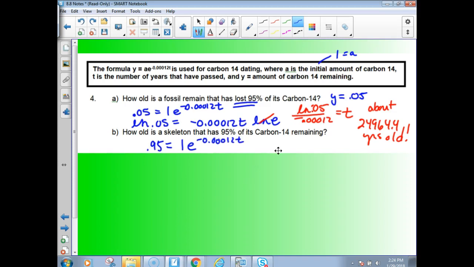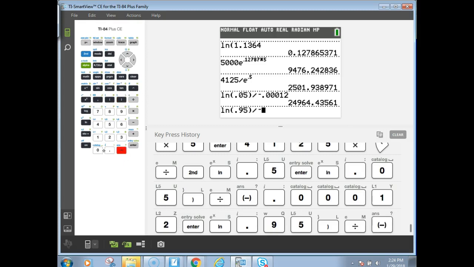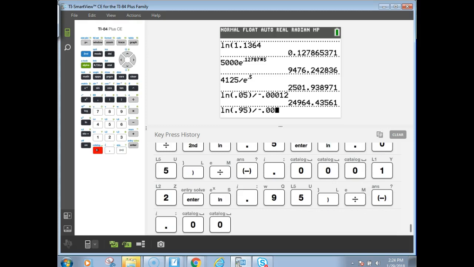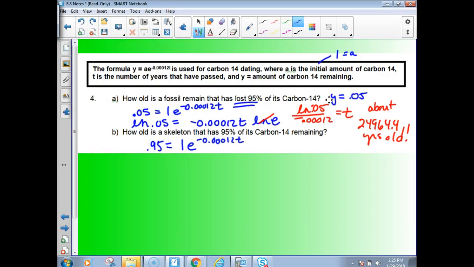Instead, you're going to hit the natural log of 0.95 and divide by negative 0.00012. Don't forget the parenthesis if you type that all at once. So this one is only 427.4 years old.